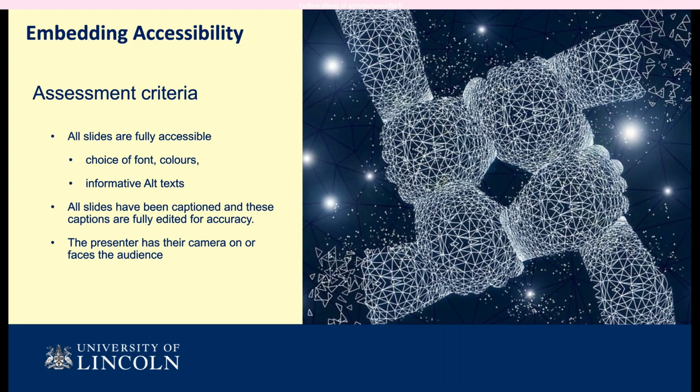Things that I've listed: the fonts, the colours, the alt text for their diagrams, that they've got captions that are fully edited for accuracy, or they've got their camera on or are facing the audience for lip reading. So let's embed it in our new generation so that it becomes the norm.